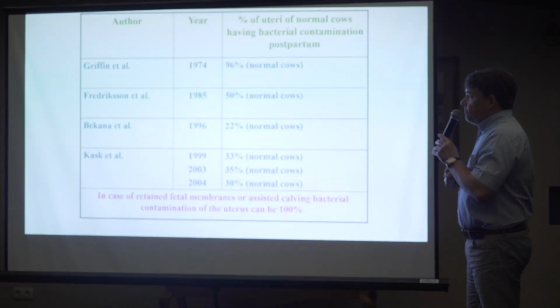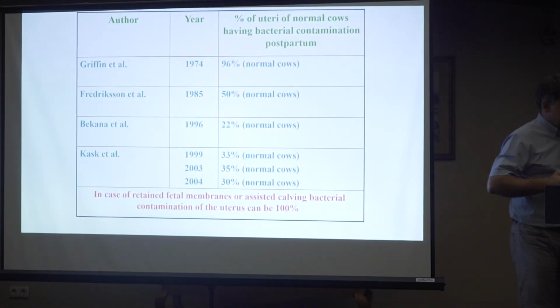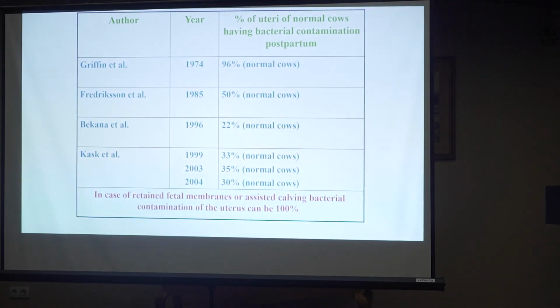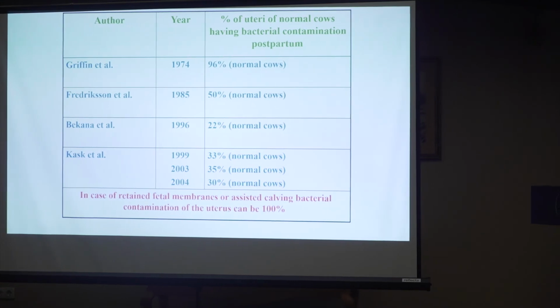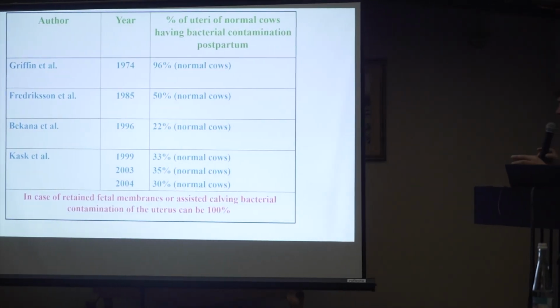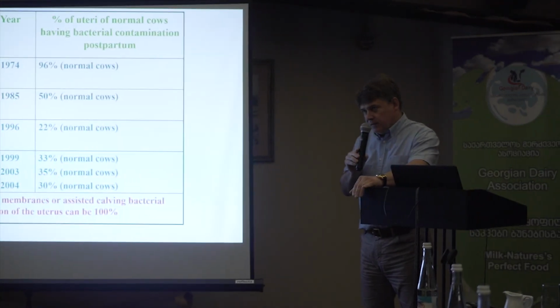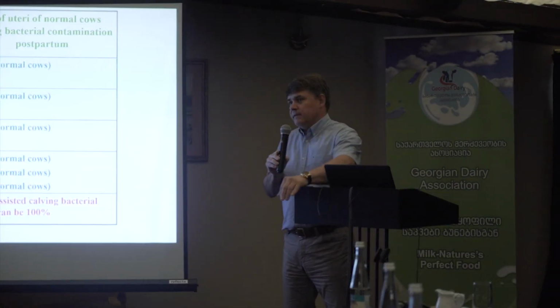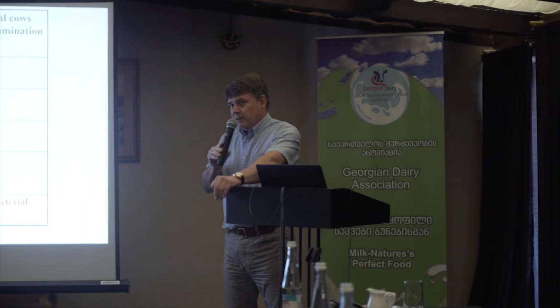But in the middle of the 80s, a new generation of scientists came, and they started to think that maybe it is not so, and we should look more at what kind of methodology we are using to detect those bacteria inside the uterus. And we should also look where those bacteria are in the uterus.